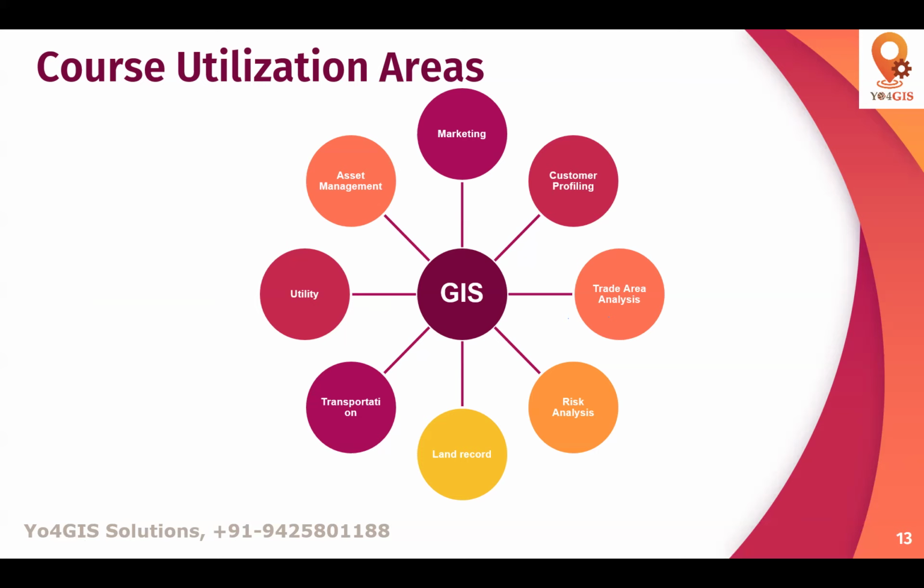All electric departments and utilities want to see their utilities on the map. Each and every department is trying to use GIS in their industry. We will discuss all these things in detail: how GIS is useful for marketing, trade area analysis, risk analysis, and land record.